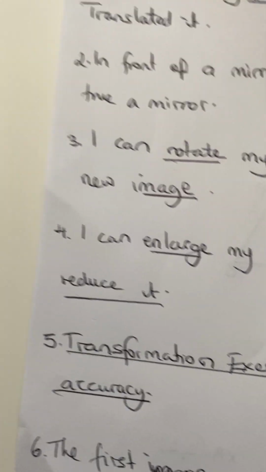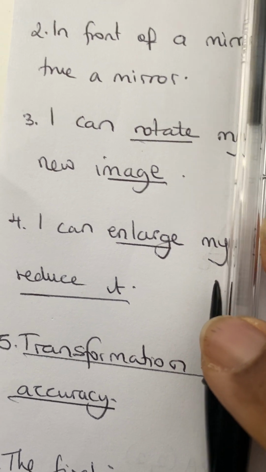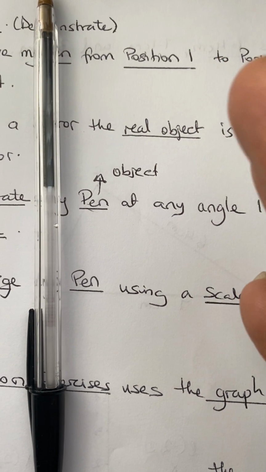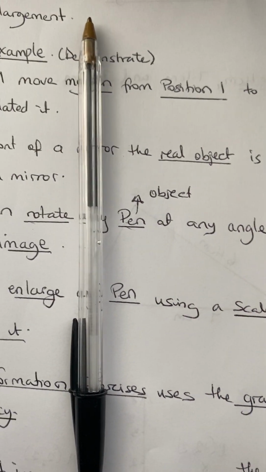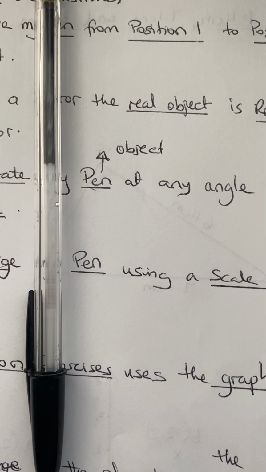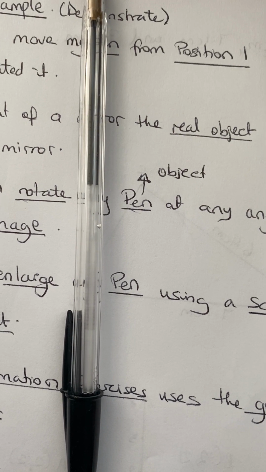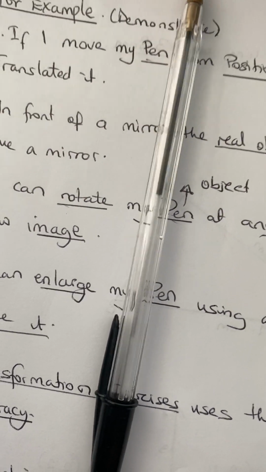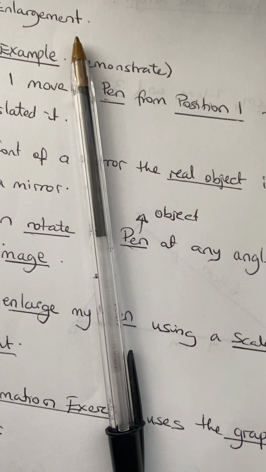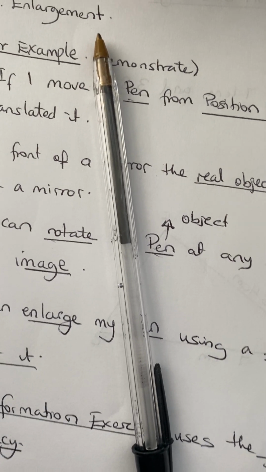Now, this is my pen again, and then I have a mirror in front of it. It will be reflected in the mirror. So this is the object. The image will appear in the mirror, but in maths they will give you a mirror line.